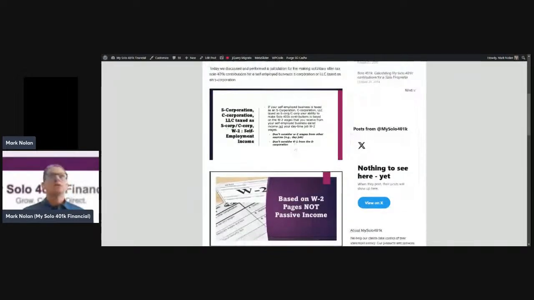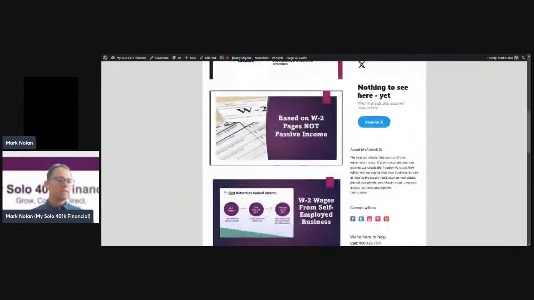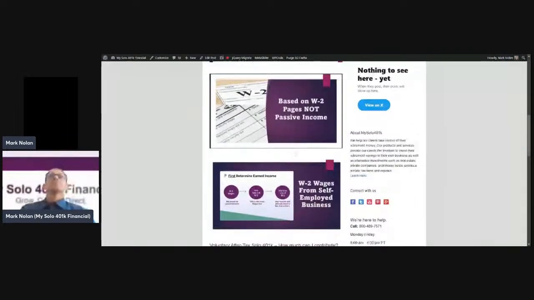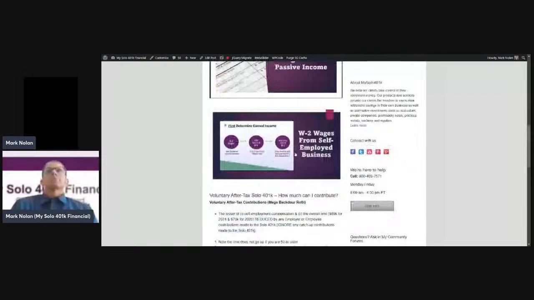So it's not based on passive income, it's based on earned income, which would be W-2 wages. So you're going to want to look at a W-2. You're going to look at box 1 of the W-2. That's the gross wages. You may need to add the amount listed in box 12A to box 1, so that way you have the gross wages for calculating the contribution.